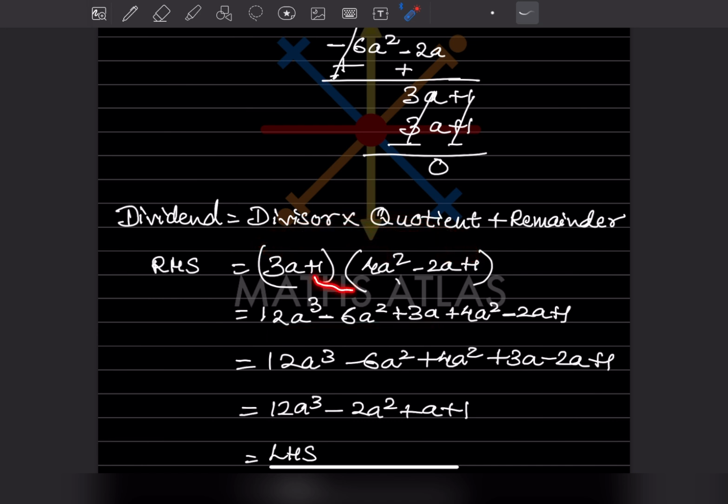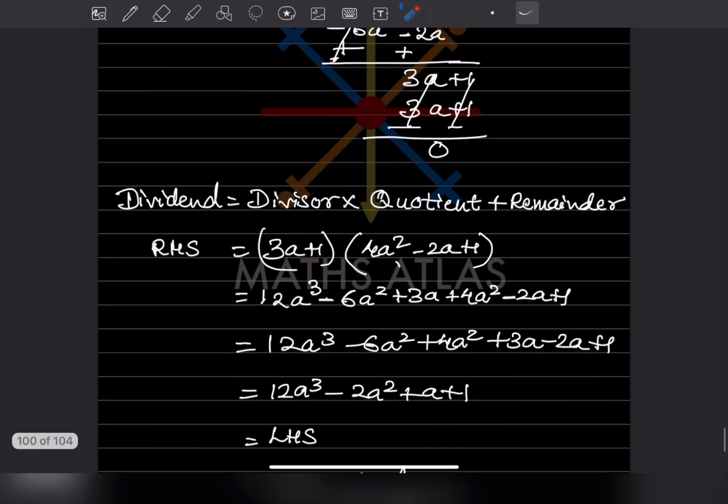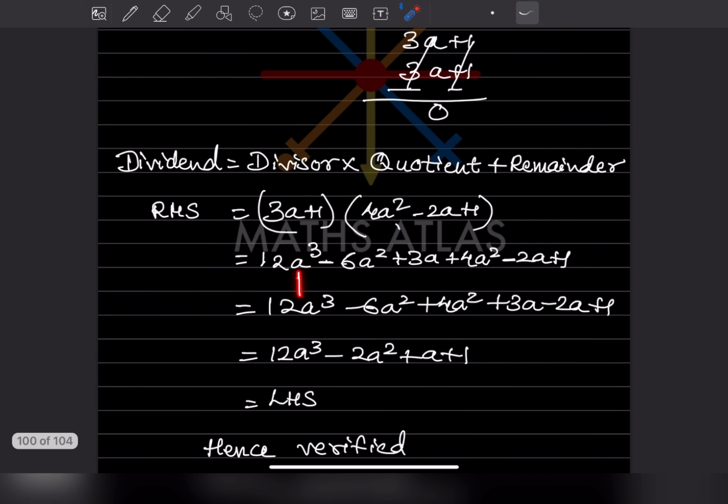Now we will see for the, this into this is going to be plus 4a square. So this is here. This into this is 1 into minus 2a, that will give minus 2a. This is here. And here plus 1. So this is here. So now let us take the like terms. 12a cube is here.